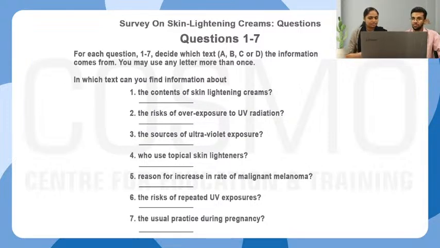So which text would contain the information for question number 5? I think Jyotis has said the keyword malignant melanoma for question 5. Good, Jyotis, you have identified it correctly. So somebody is responding C, another person has said D. Any more responses for question 5?